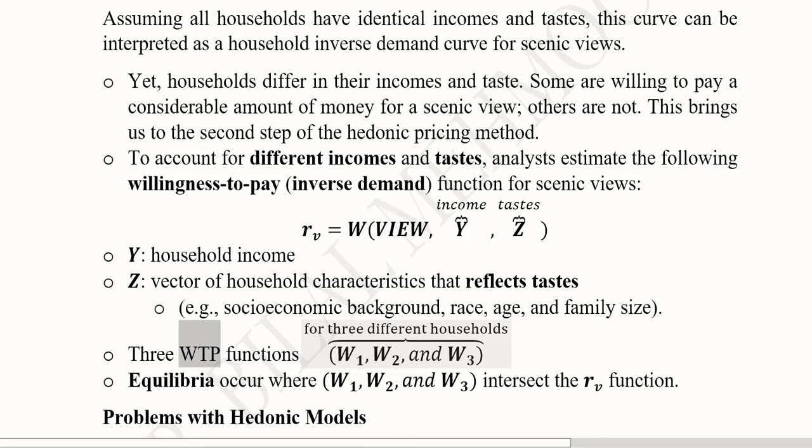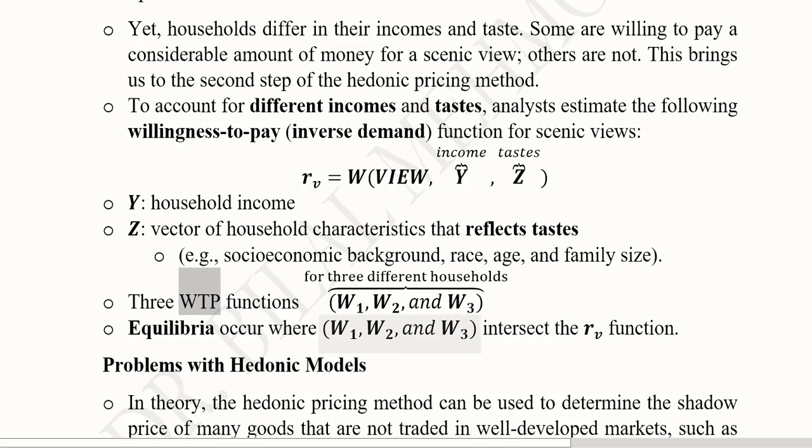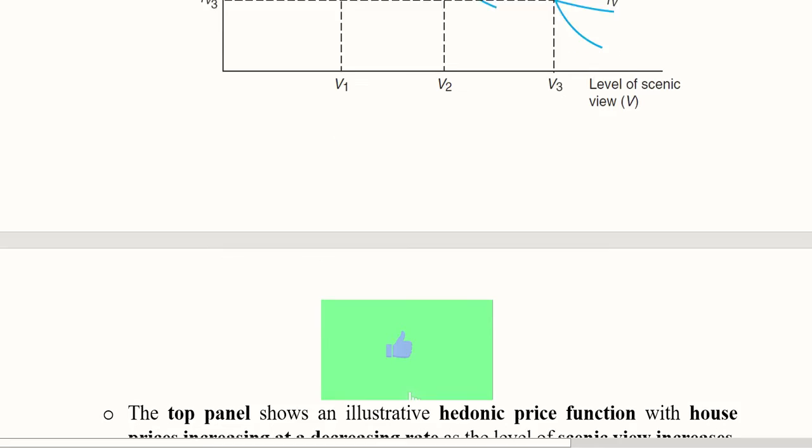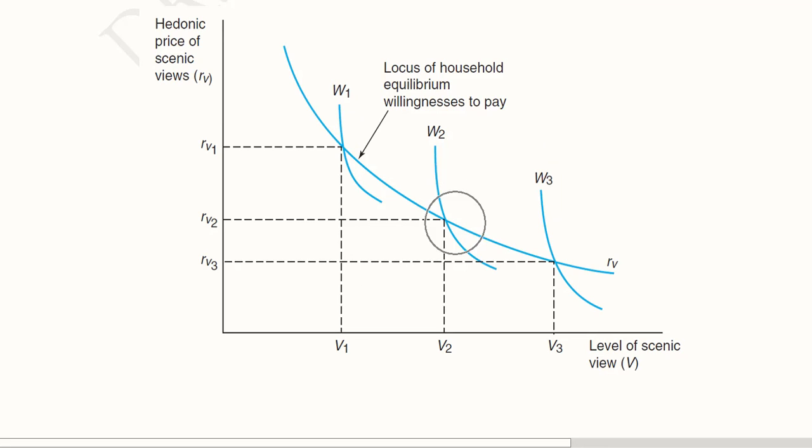This is W1, W2, W3, and when we estimate and plot these W curves, we will see that they appear here. W1, W2, W3. They intersect the marginal hedonic price at this point, and at this point, and that point.